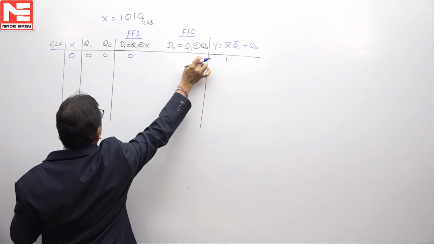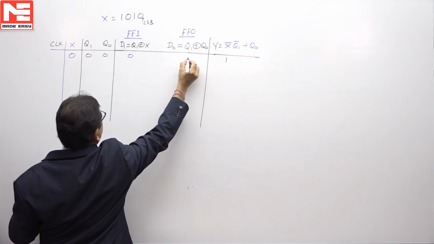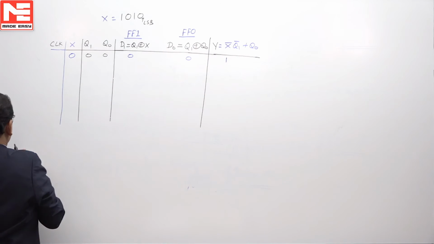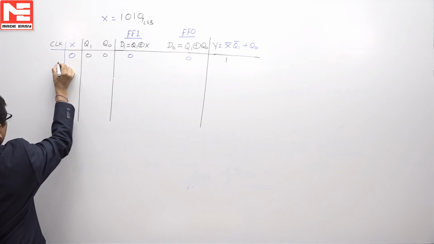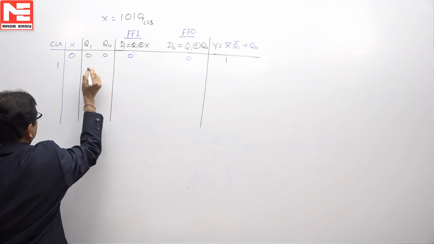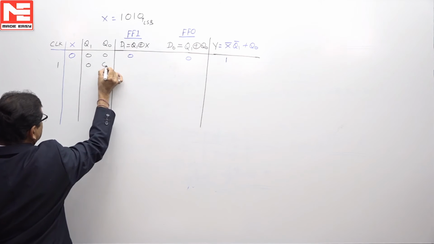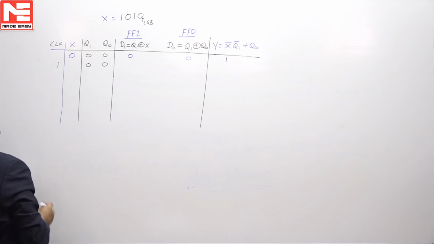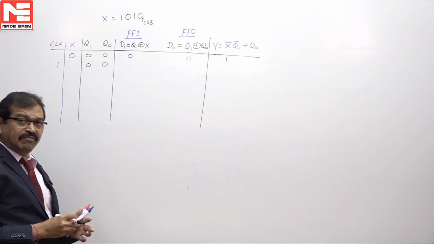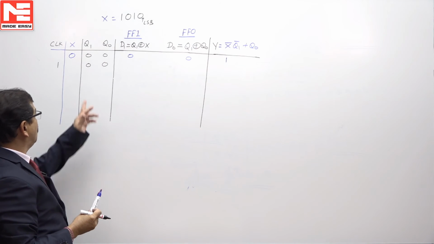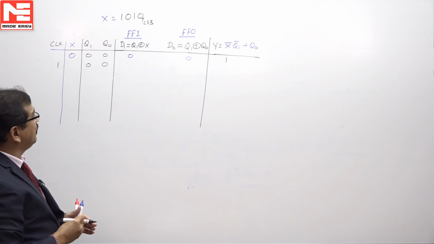D0, Q1 exclusive OR with Q0, will be 0. Now, we apply the clock. Whenever D is 0, the next state will be 0. So that is the content of flip flop 1 and flip flop 0 after the first clock pulse.